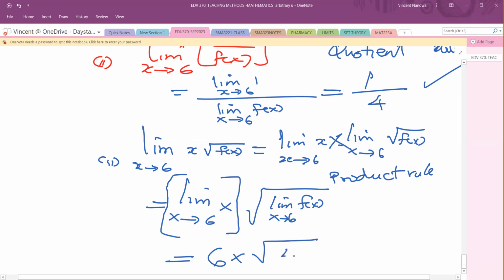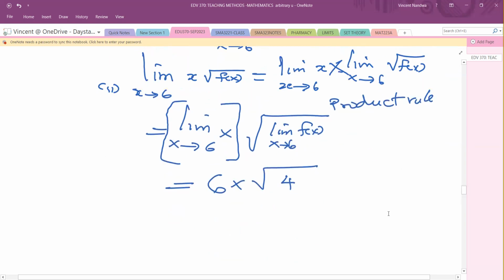You already have the limit of f of x inside, okay? So root 4 is the same as 2. So the answer will be 12. Good.